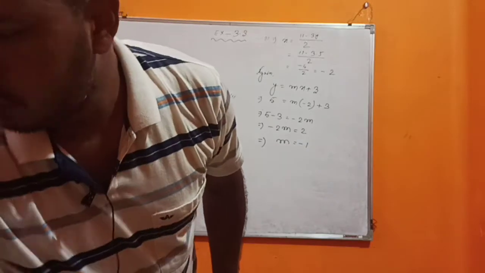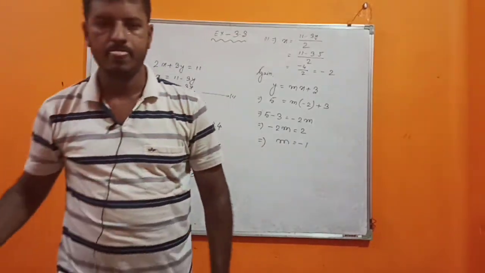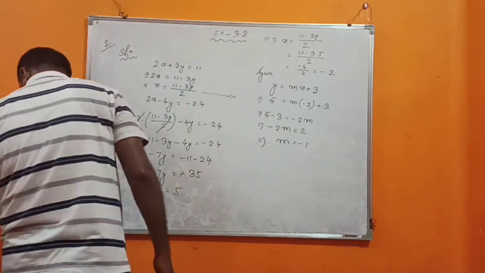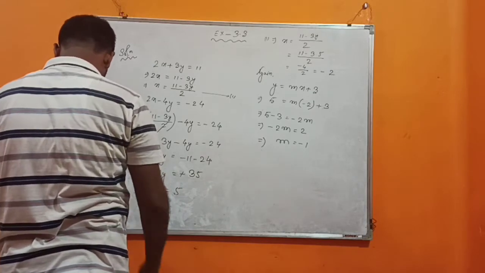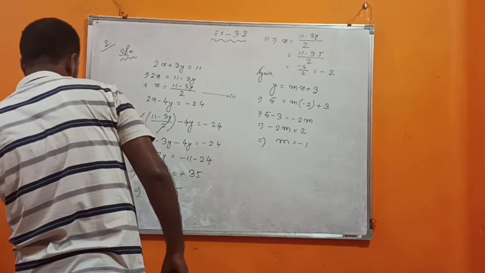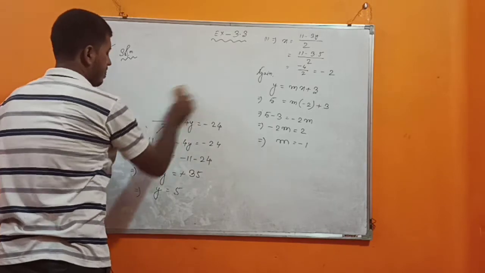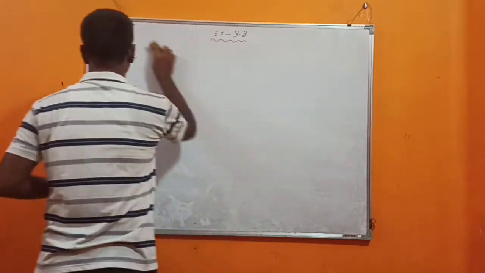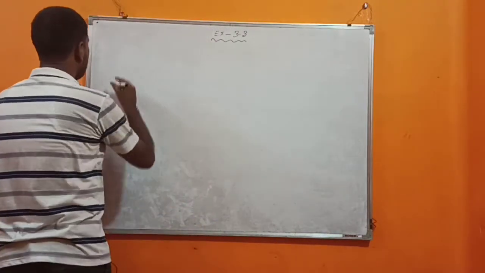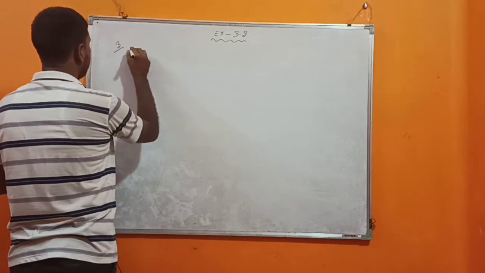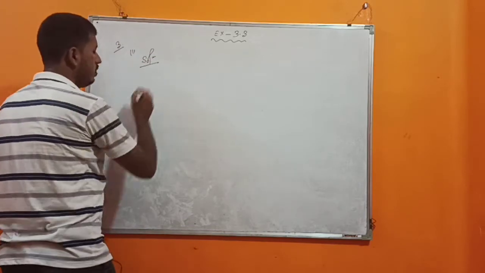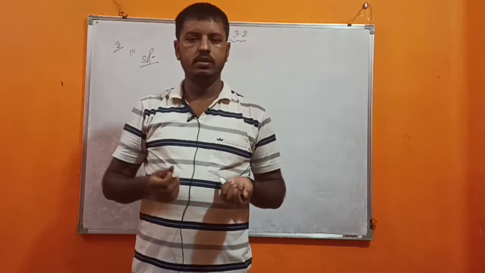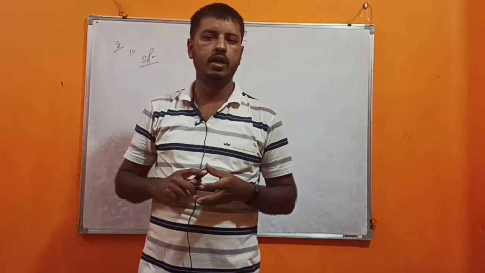Okay, so now we will continue from question number 3.1. So I am just erasing, please note down this. So in question number 3.1, it is given that the difference between the two numbers is 26, and one number is 3 times the other, and we have to find the numbers.